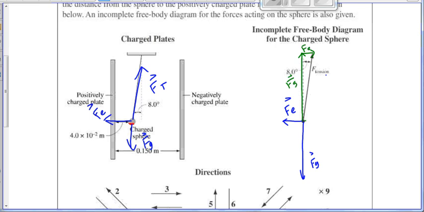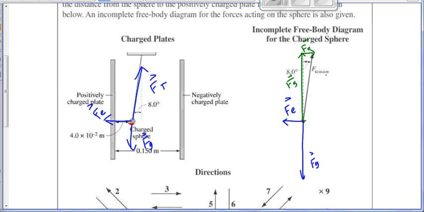They have to balance. The upward force has to balance the downward force, and the right force has to balance the left force. So it's really the blue forces that are the real forces. I've got them drawn in green here as the balancing forces. This green FG is really not the force of gravity, but rather the y component of the tension. And the green FE here is the x component of tension. It's not really the electric force, it's the force that balances the electric force.